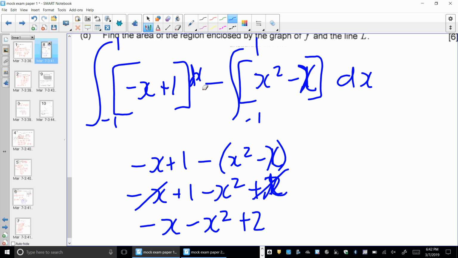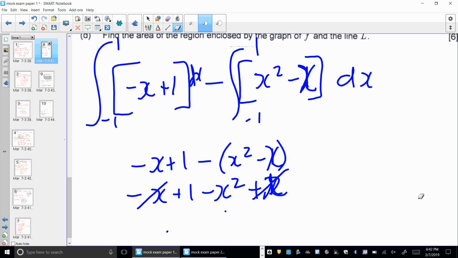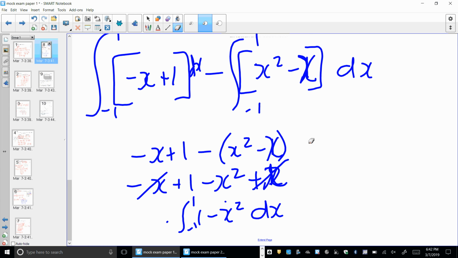That's a big mess. So we're trying to find the integral of 1 minus x squared dx between 1 and negative 1. Rather than make a big mess of it like I did, I had the wrong thing up here as well, we're finding the integral between these two.